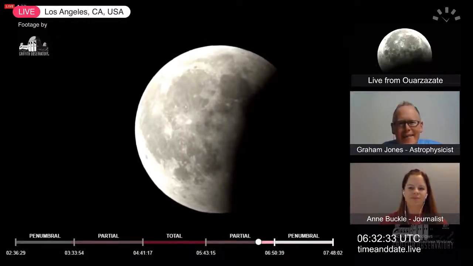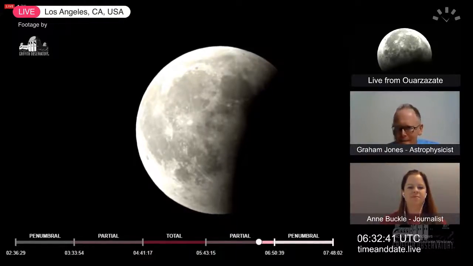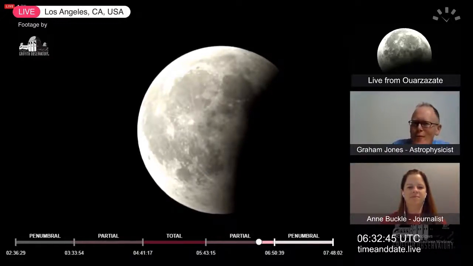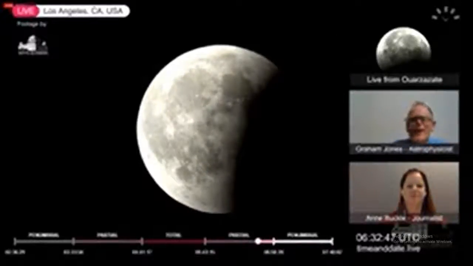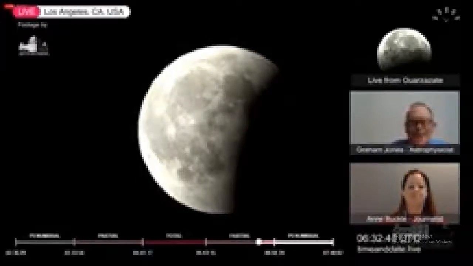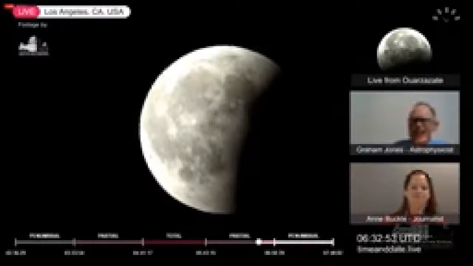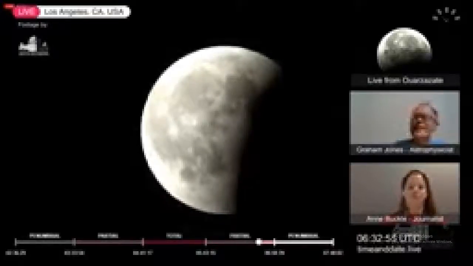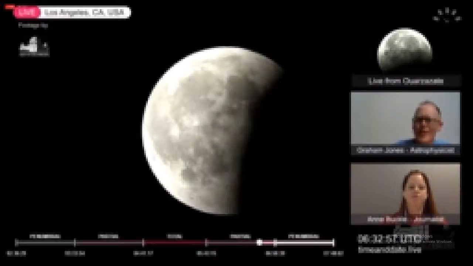And you can see that the shadow is in a different position as we are looking at these two moons on our screen. Now, we should say here that from both locations, we are looking at exactly the same side of the moon, and we're looking at exactly the same shadow. The only difference is the orientation of the moon.